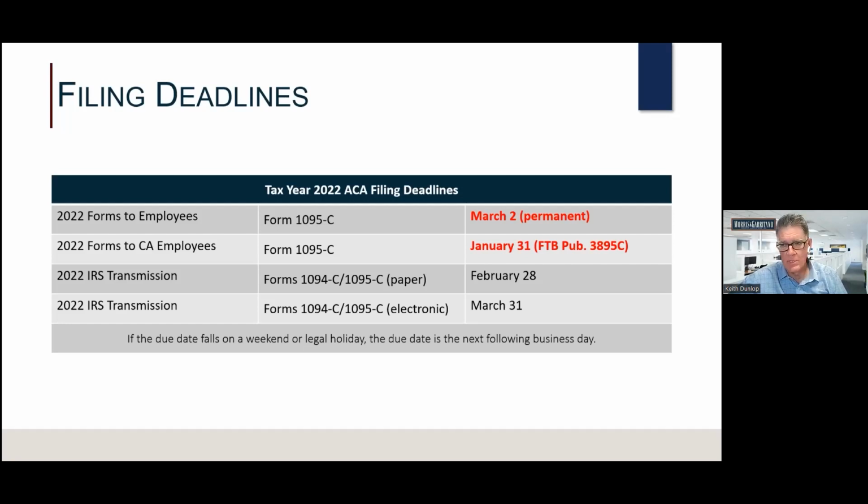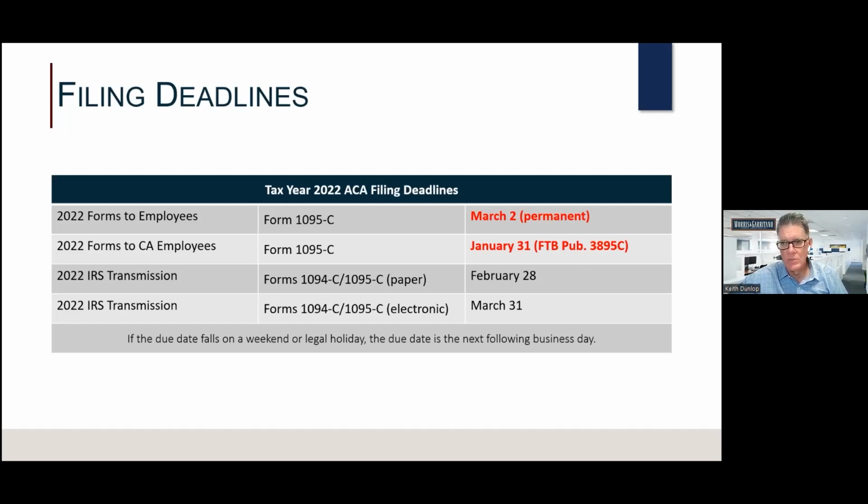That date has been March the 2nd historically. It's still that date for this tax year. But now that is a permanent deadline for the IRS. So for federal purposes, the 1095 deadline is now March the 2nd on a permanent basis. However, this does conflict with the state requirement of January 31st.